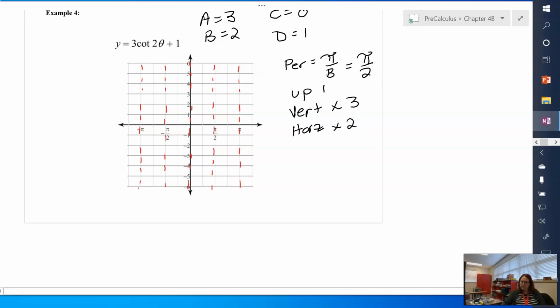Okay, so on my original, I would have a point right here at 0. But I'm going to go up 1. So that's going to put it here. I also have a stretch of 3. So 1, 2, 3. That puts it there at 5.